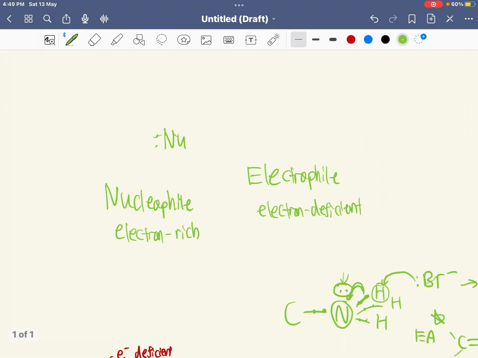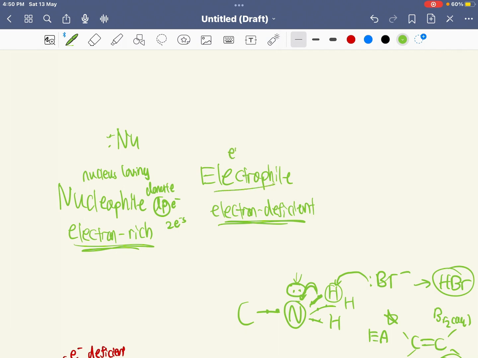Over here, we must always take note of the distinction. Nucleophile means I'm nucleus loving. Therefore, I want to eagerly donate my electrons, my lone pair of electrons, not lone electron, lone pair, which means 2 electrons.